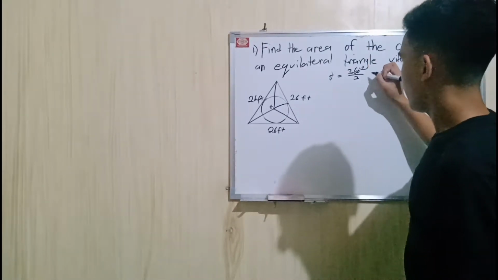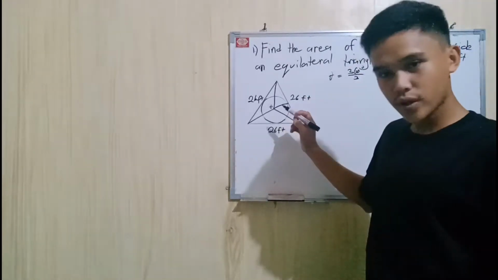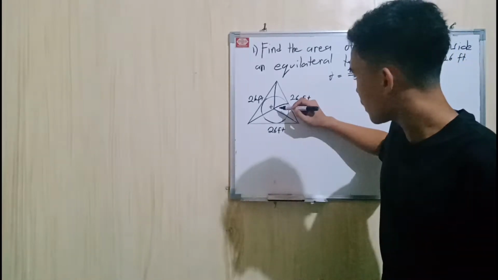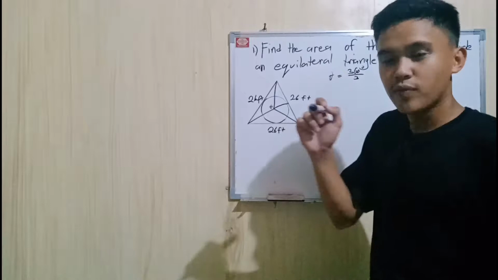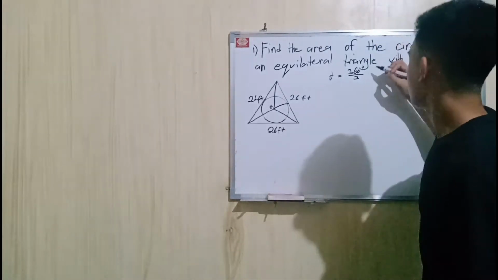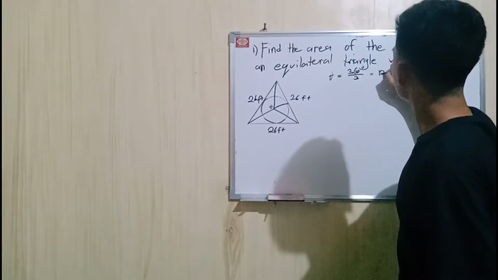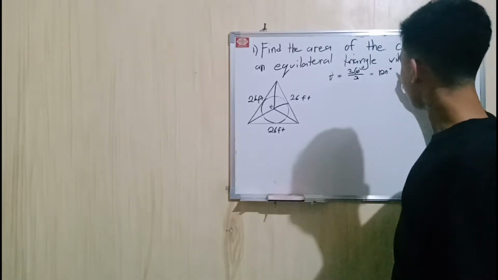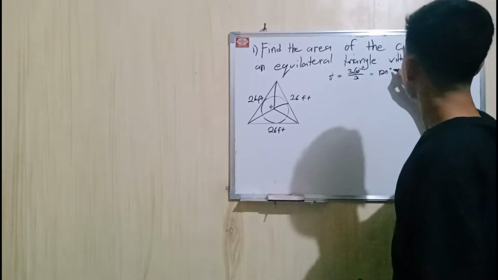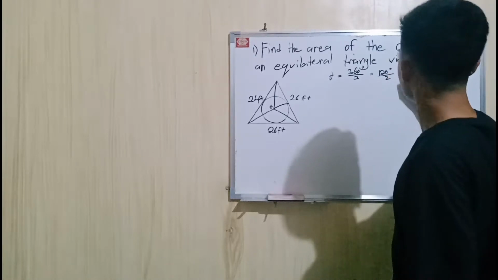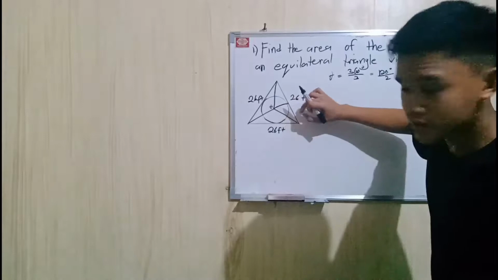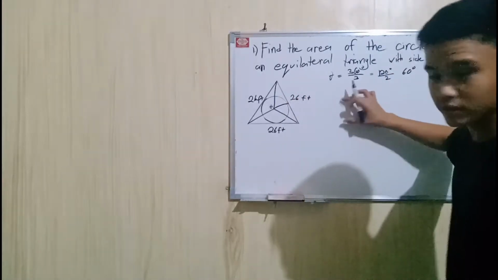Then since we divide the triangle into 2, theta will be divided into 2 also. So 120 degrees, but as I said, it's divided into 2, so 60 degrees. So we will get this triangle here.